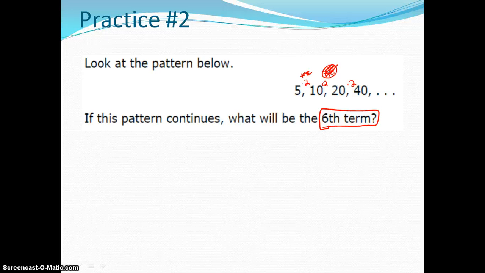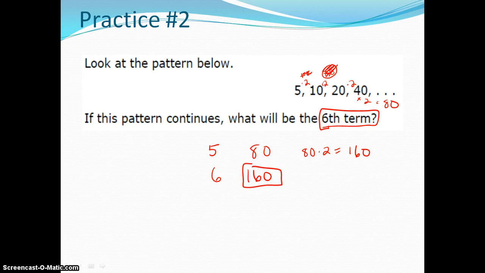So for the 5th term, we've got 40 times 2, which is 80. And the 6th term, 80 times 2, is 160. So there's our 6th term. We would bubble in 160.